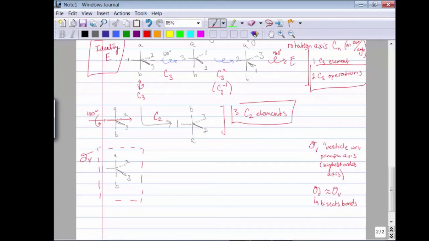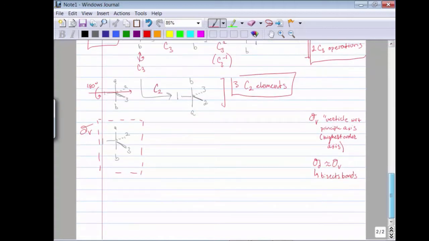And sometimes you'll notice that there might not be a clear reason as to why they've labeled something V or D, but most of the time it's pretty obvious. If it's not obvious, it's hard sometimes to figure out why they did it. But in general, V goes through bonds and D goes between bonds. Any other mirror planes?